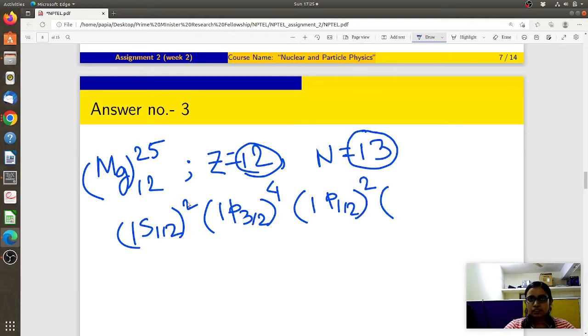See how many are already there: 2, 4 that means 6, and 2 that means 8 is there already. So we need 5 extra, that means 1d5/2 5. This is the ground state configuration of magnesium-25.